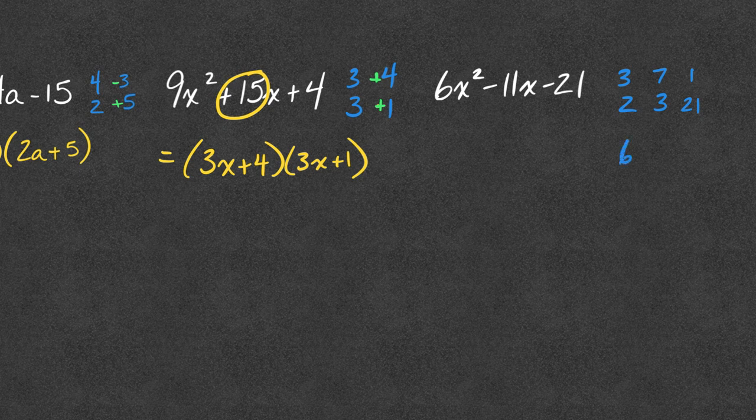If you chose 6 and 1, then the same thing. I cannot try 21 and 1. It would have to be 1 and 21. And I could not use 3 and 7. It would have to be 7 and 3.